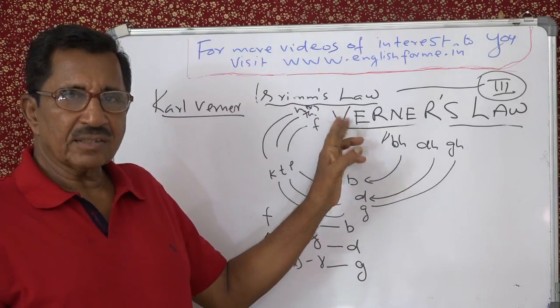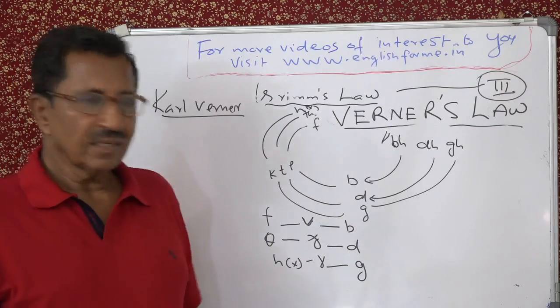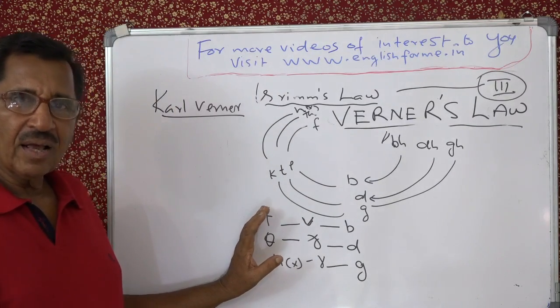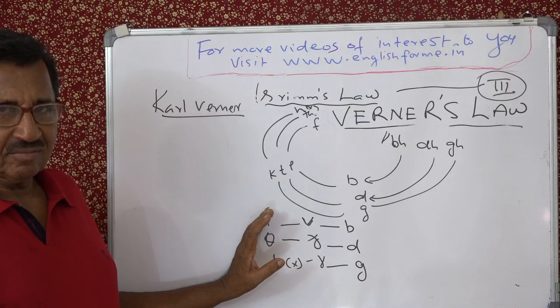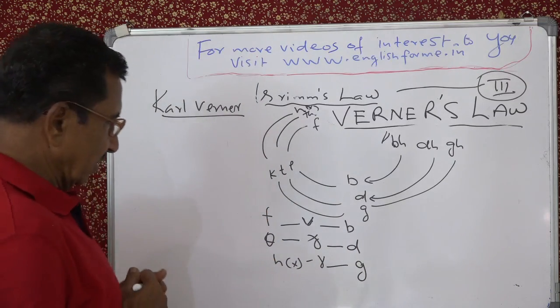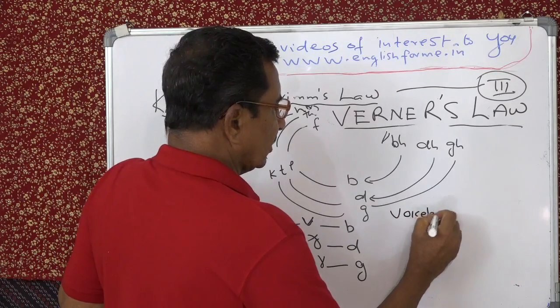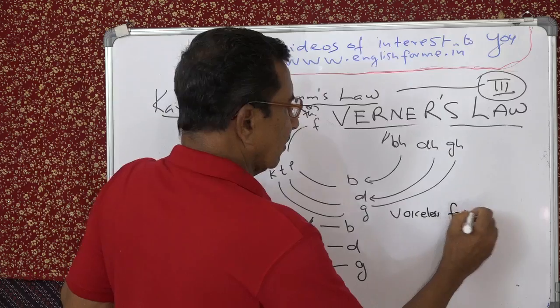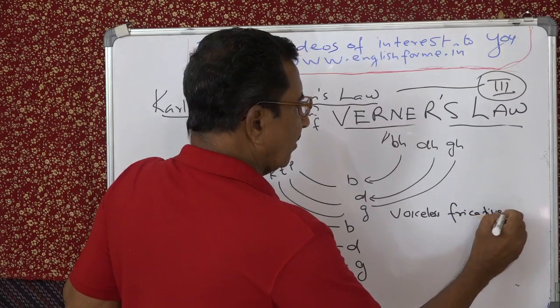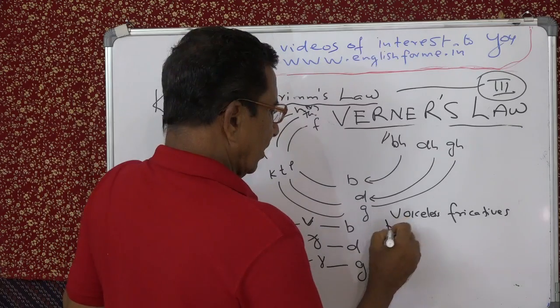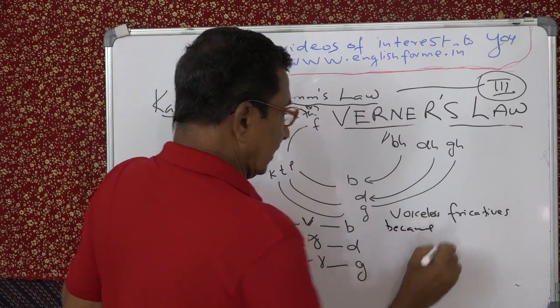Finally, you can see through the stages, it has become voiceless fricatives. Now, what happened is, voiceless or unvoiced fricatives, this is Karl Verner's law, became voiced fricatives. It was a long process.